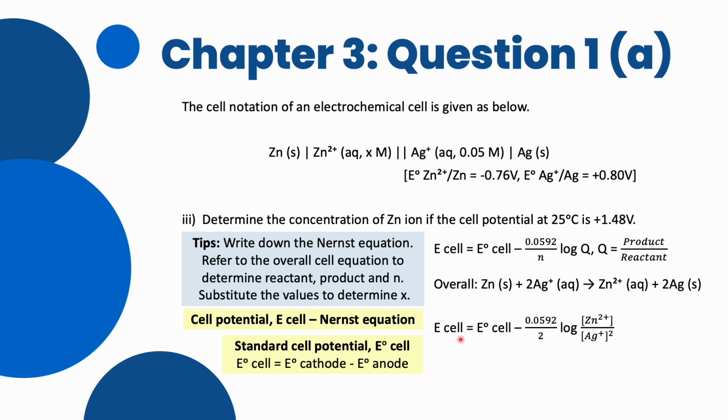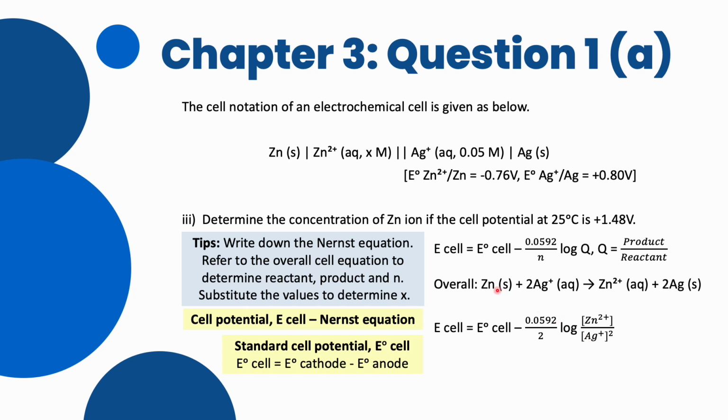E cell is equal to E0 cell minus 0.0592 divided by 2, because the number of electrons that we have cancelled out in this equation is 2, log. Product here, we have Zn2+ and Ag solid. For the product and the reactant in Q, we will only consider the aqueous or gas state. In this case, Zn2+ is aqueous, so it is considered. Ag is solid, so it will not be written down. But then divide by the reactant.